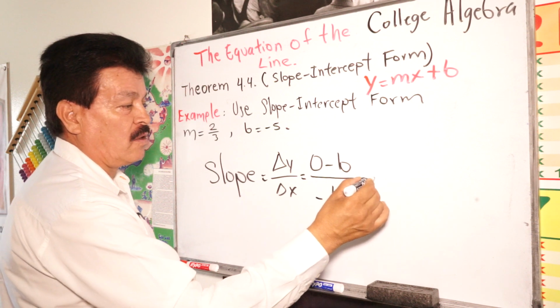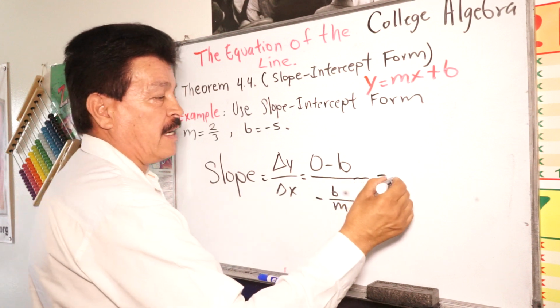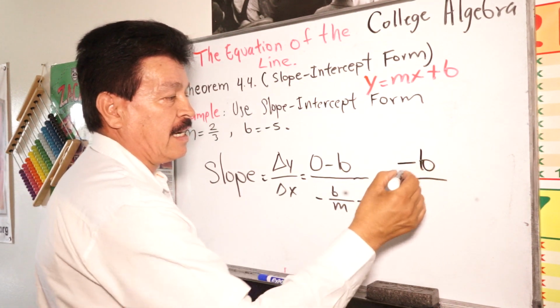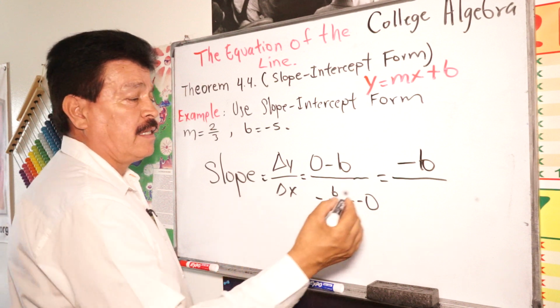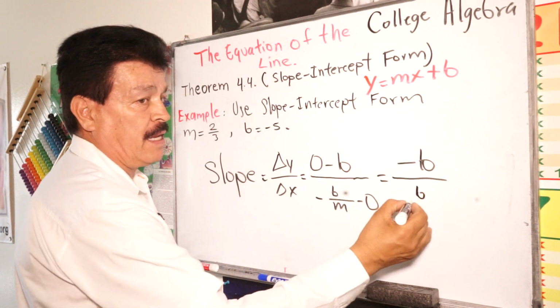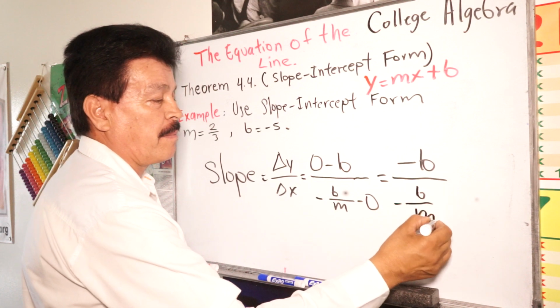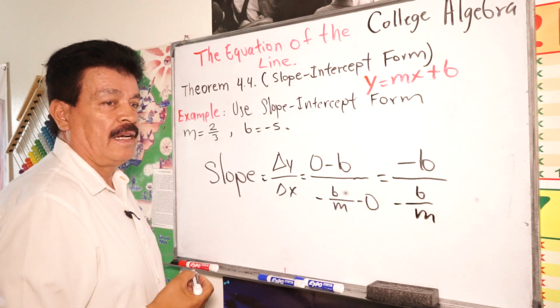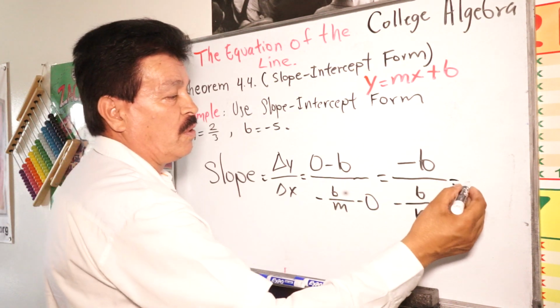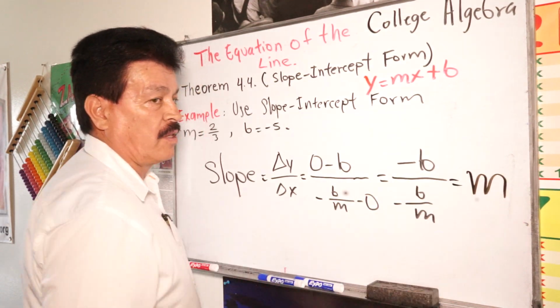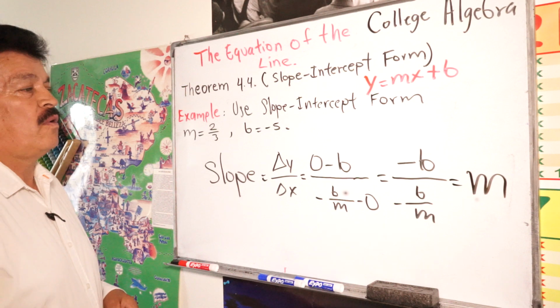So this equals negative b divided by negative b over m. As a conclusion, this will equal m. So that's why we call m the slope.